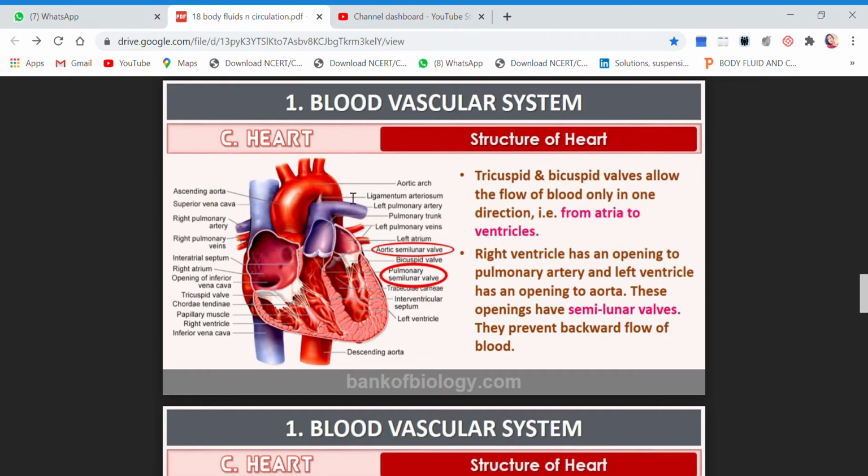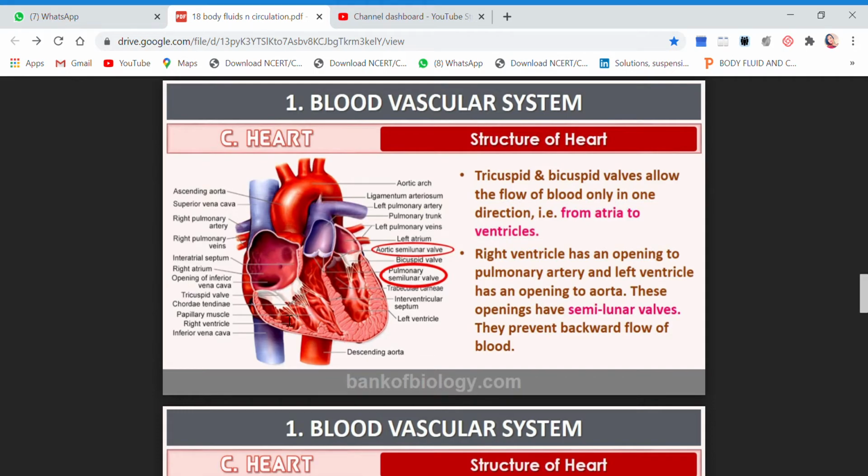The second chamber, children, is the left auricle. The left auricle also has an opening called the pulmonary vein. So these are the two openings of the right auricle and left auricle.